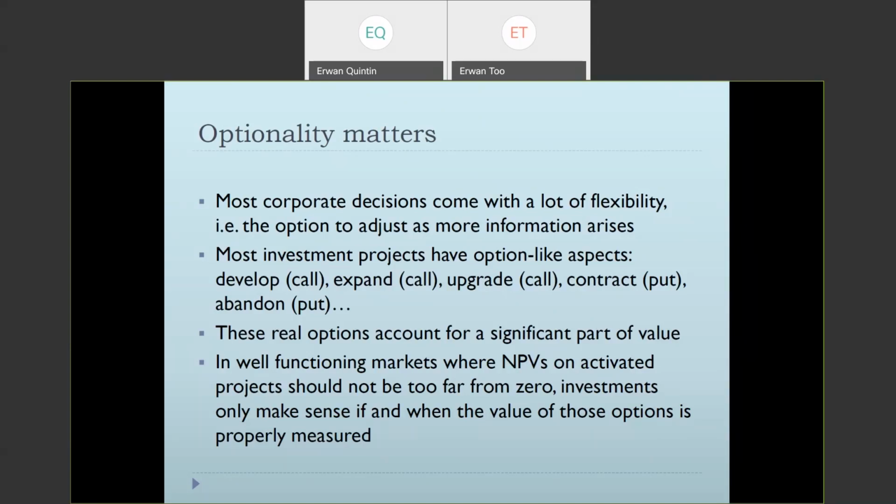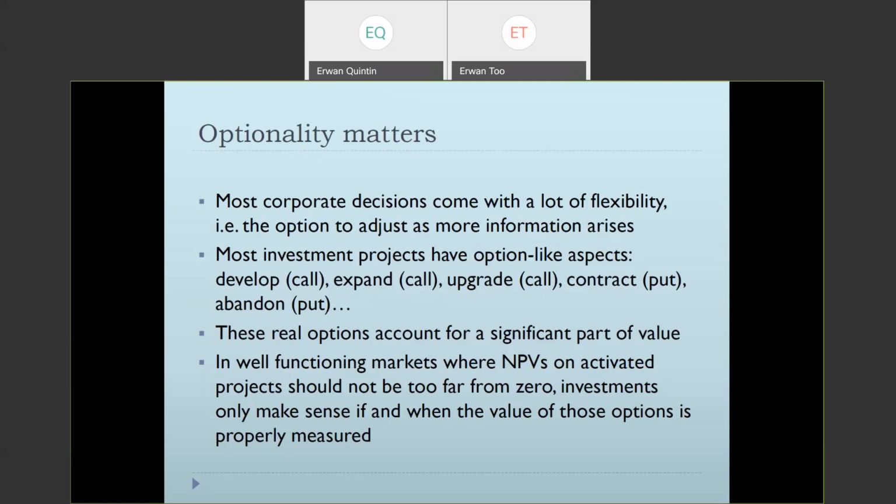In other words, most investment projects have option-like aspects. I have the right but not the obligation to take advantage of the flexibility associated with my investment. For instance, I may want to go bigger. If it's working like gangbusters, I'm just going to expand, which, as we will discuss, happens to be a call option. Maybe I want to upgrade my facility.